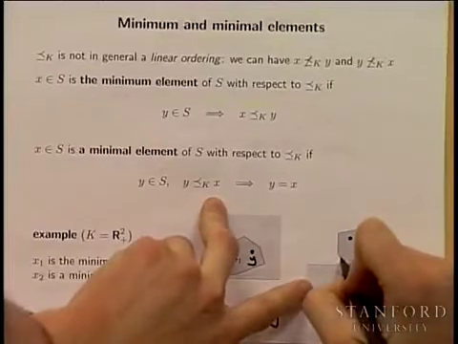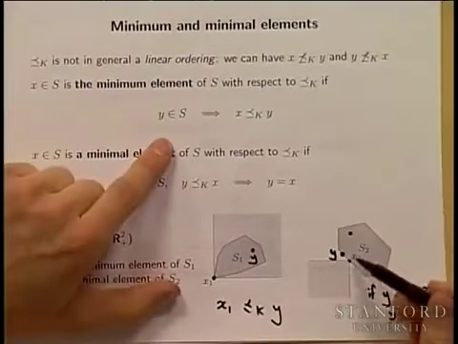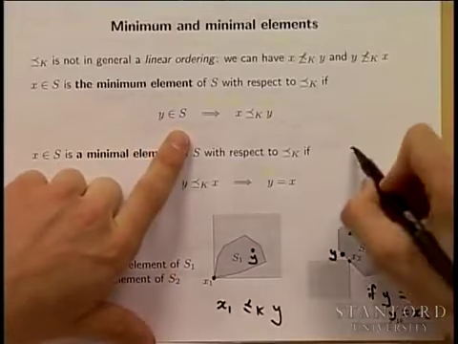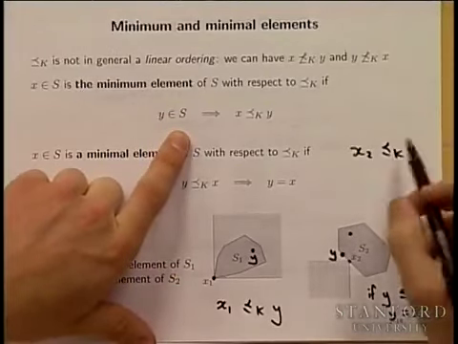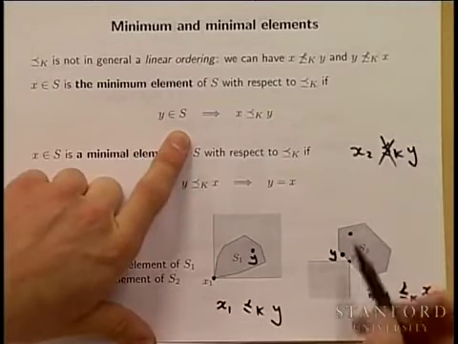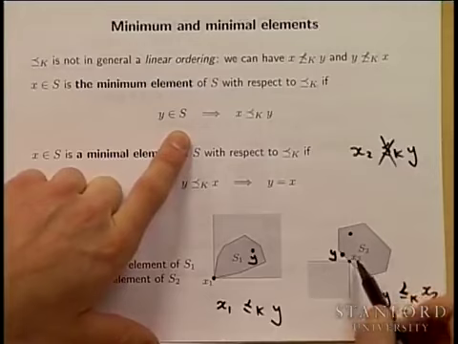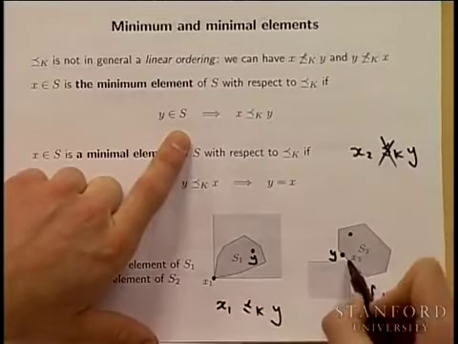So here's a point, for example. Make that y. Now, x2 is not a minimum element because for this y, I cannot write x2 less than y in the k sense. I can't actually do that because it's not a linear ordering, so that's not allowed. But I can say that any point that is less is actually the same point.